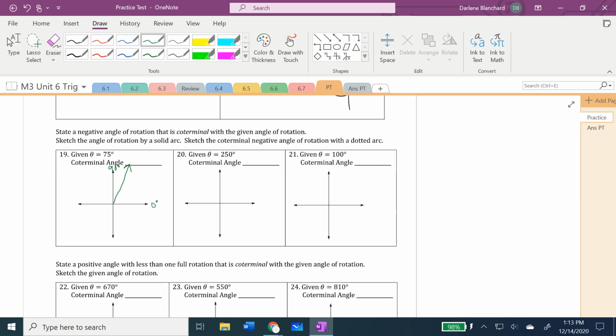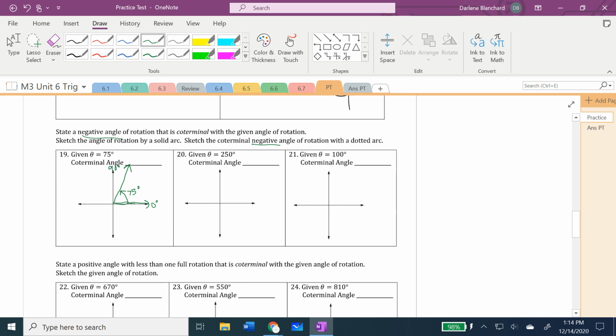Now for showing that angle of rotation of 75 degrees, you're going to make a solid arc and show that turn. That is the 75-degree turn occurring from the initial side of 0 degrees to the terminal side of 75 degrees.